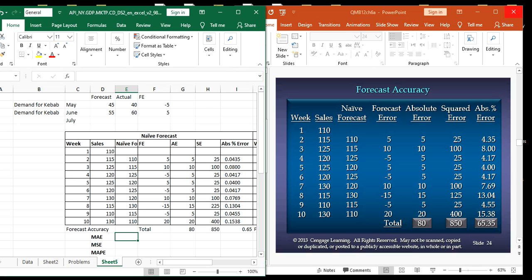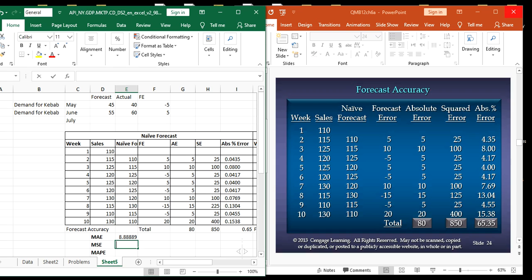Now, how do we find the mean of absolute errors? We have 9 observations over here: 1, 2, 3, 4, 5, 6, 7, 8, 9, 10. So we divide this by 9 and we get that one.